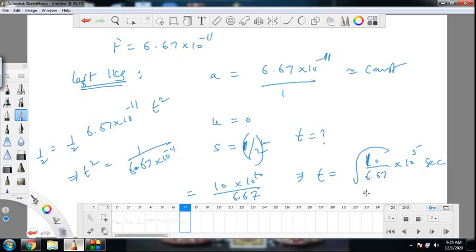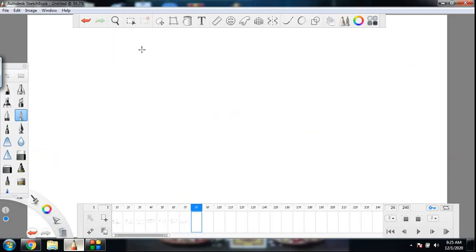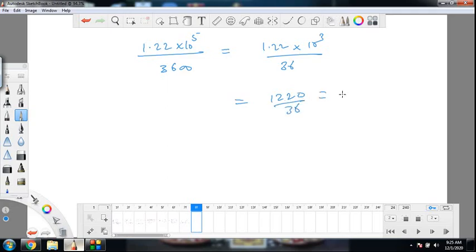Okay, 1.22 into 10 power 5 seconds. This is the time. So if I convert it into hours, 1.22 into 10 power 5, this is in seconds. If I do it in hours, it's 3600. So 1.22 into 10 cube by 36. So 1220 by 36.